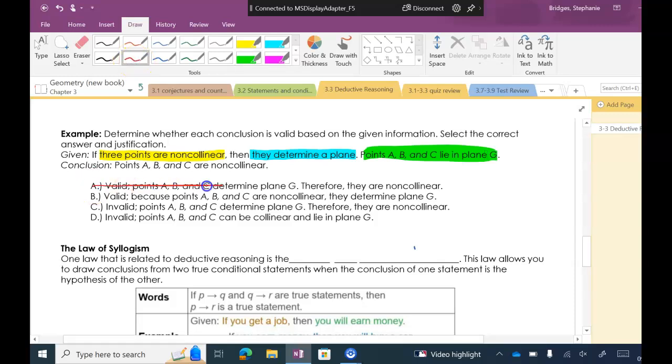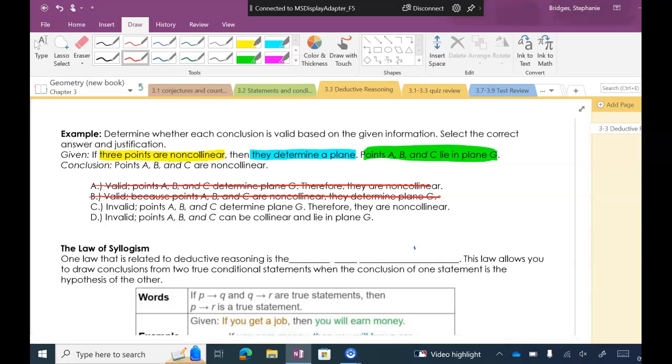Okay, so we know it's not A, and we know it's not B. It says for invalid, the first one, points A, B, and C determine plane G, therefore they are non-collinear. So let's think about that for a minute. And it's invalid because points A, B, and C can be collinear and lie in a plane.